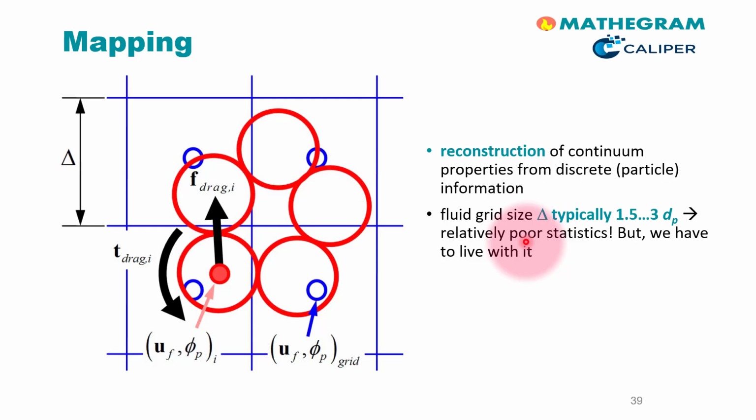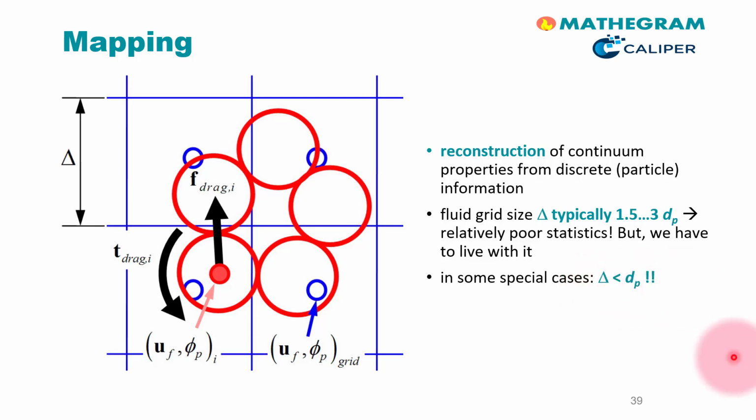Unfortunately, we have to live with such poor statistical information. And in some special cases, the fluid grid size delta is even smaller than the particle diameter dp, as you have seen before. As you can imagine, some smart ideas are needed in these situations to get meaningful continuum properties.